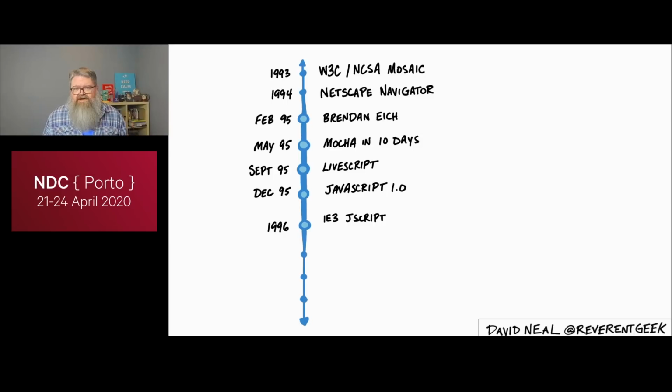Netscape knows if Microsoft has their way, they'll run away with the language and ultimately destroy it or replace it with something else, or who knows how that may have turned out. So in an offensive move against Microsoft, Netscape decides to standardize the JavaScript language.